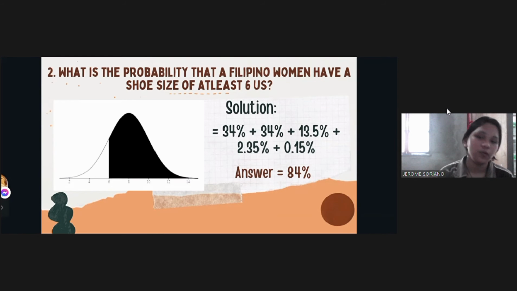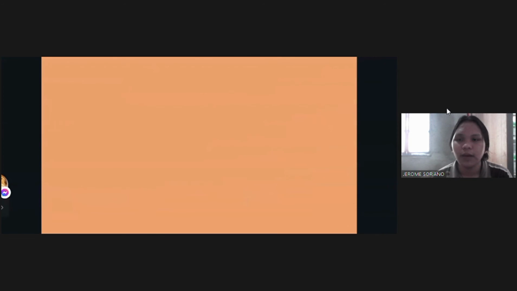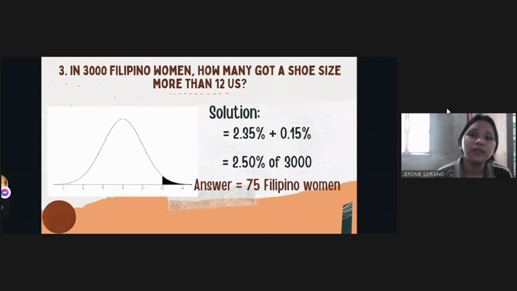Let's move on to question number 3. In 3,000 Filipino women, how many got a shoe size of more than 12 US? So meaning, the part we shade should be higher than 12 US. From 12 US size to 14 US size, we have 2.35%.